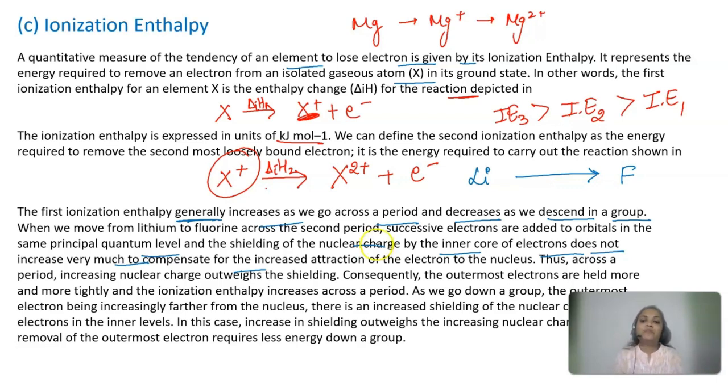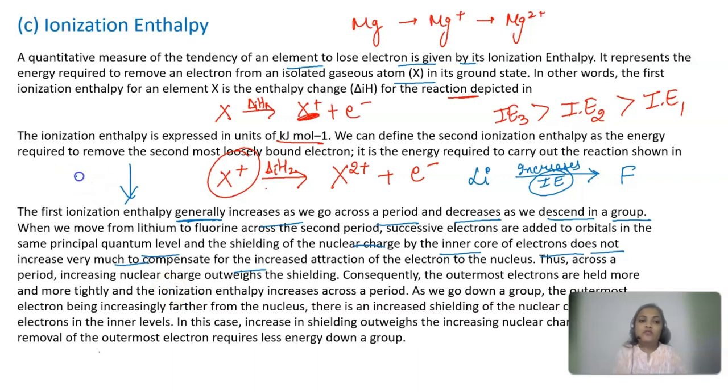So we can say that when we move left to right in a period, the ionization enthalpy generally increases. Of course, there are certain exceptions that I will discuss just now, but try to understand this is the general trend. Now see, when you are moving down the group, atoms are moving away from the nucleus, because a new shell gets added. So wouldn't it be easy to remove that outermost electron from the atom?